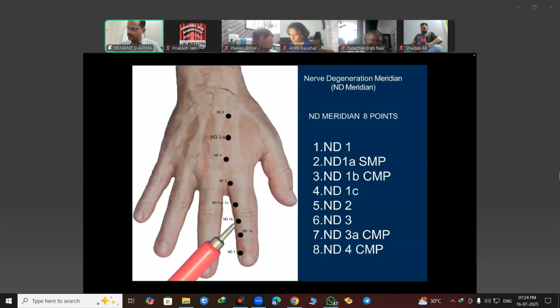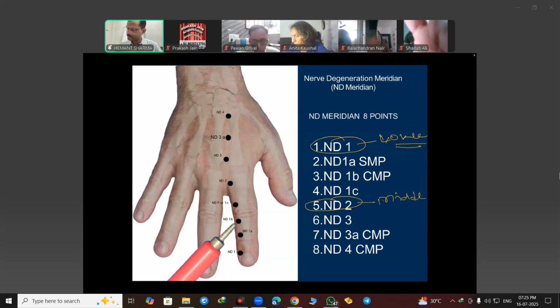We have discussed that ND1 is for the lower body, ND2 is for the middle body, meaning the cervical and thoracic area, and ND3 for the upper body, like the head area. We talked about these three points.